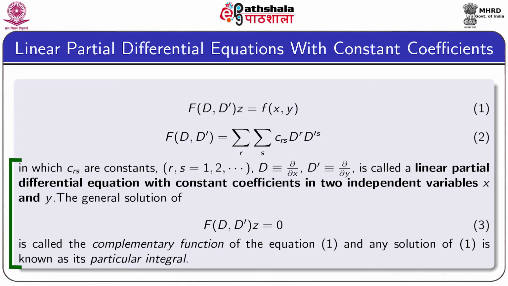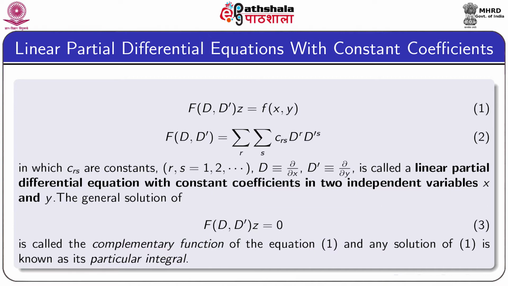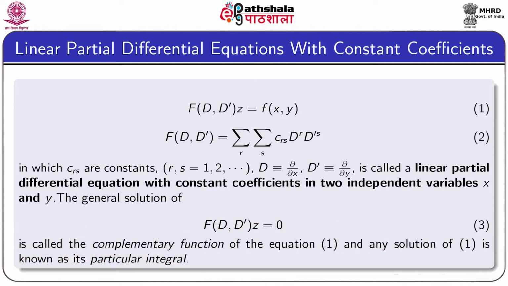Now, we shall first discuss the general solution of the equation F(D, D') z equals 0. The general solution of the equation written in equation number 3 is called the complementary function of equation 1, and any particular solution of equation 1 is known as its particular integral.